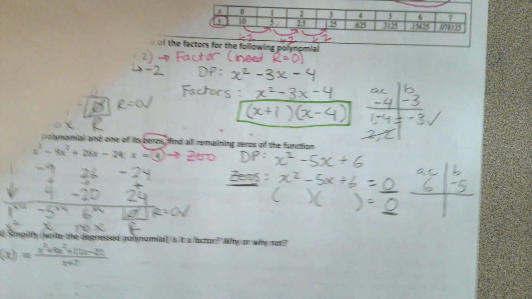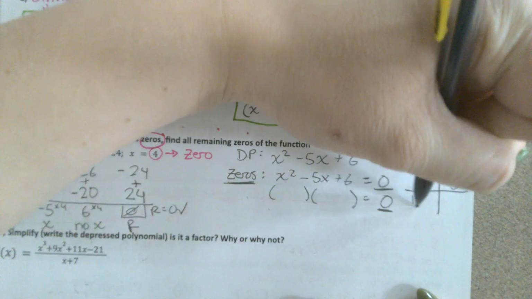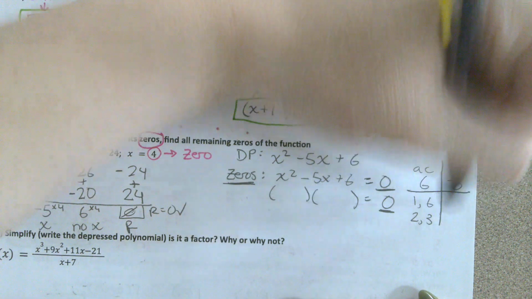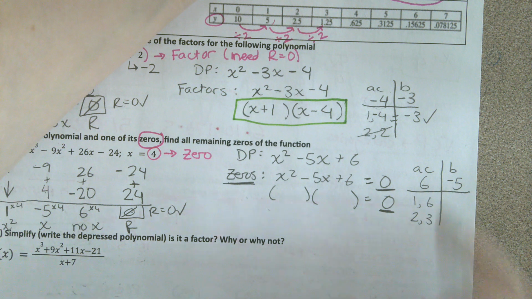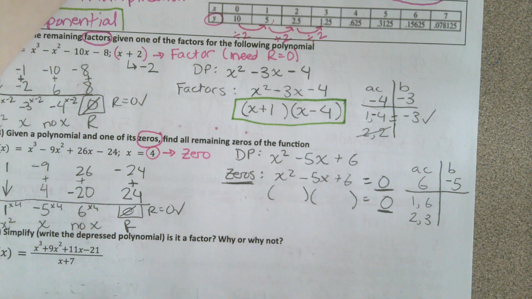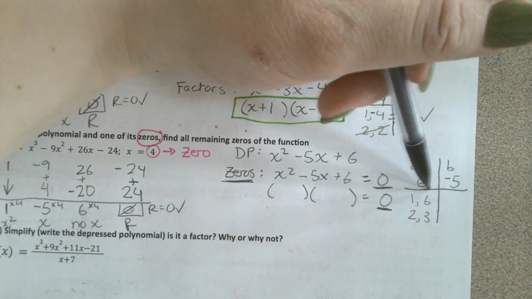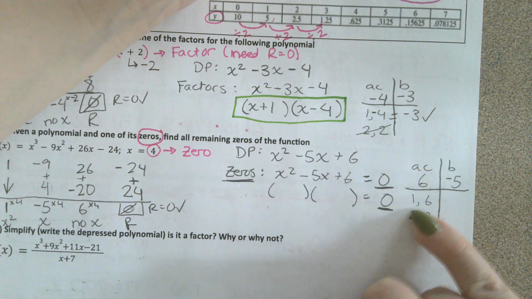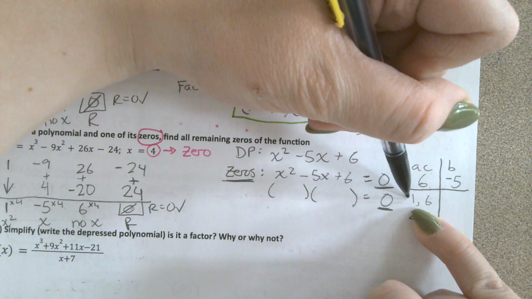Now, 6 has 2 factors, 1 and 6, or 2 pairs, and 2 and 3. Either of these can give you a 5. So again, this is where I say to be careful. What makes the difference is the 6. The 6 is positive. So how I can get a 5 from the 6 and the 1 is if I have 6 minus 1.